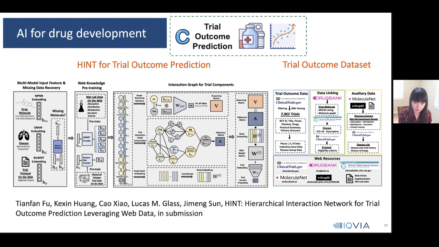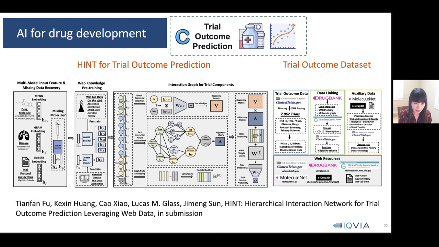In our most recent work, we proposed a hierarchical interaction network for a more general clinical trial outcome prediction for all diseases, based on a comprehensive and diverse set of web data, including molecular information of the drugs, targets and disease information, trial protocols, and biomedical knowledge.